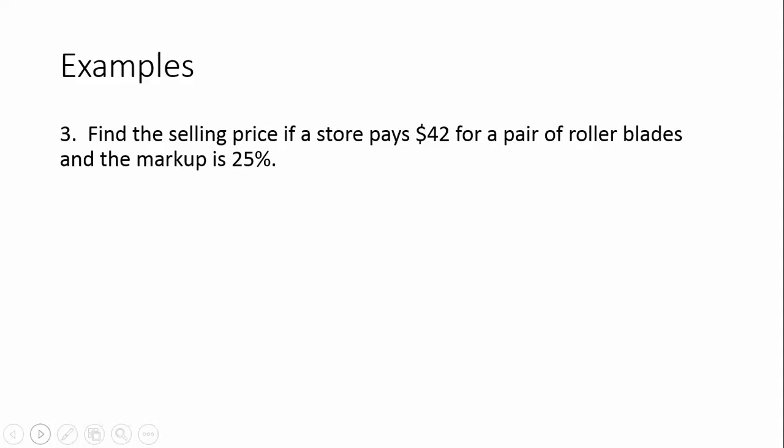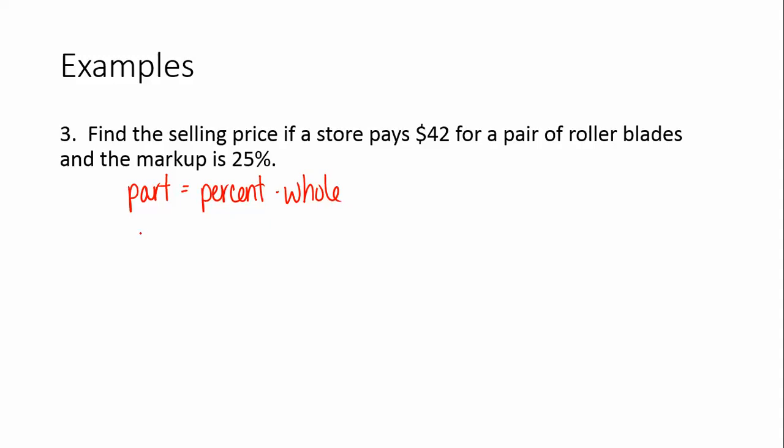So first we want to find the amount of the markup. The whole is 42, the percent is 25. We need to find the amount of the markup, or the part. So remember we have our equation that we used in section 7.5, the blank percent of blank is blank, or another way to say that is part equals percent times whole.